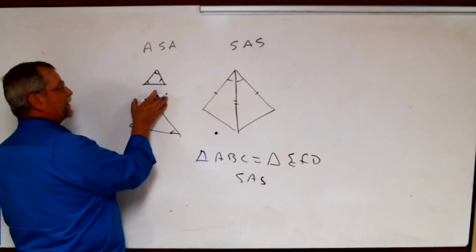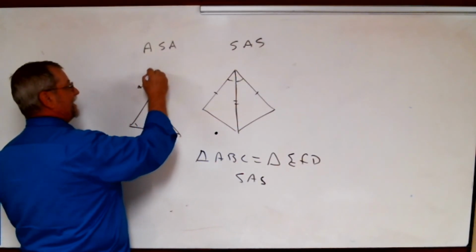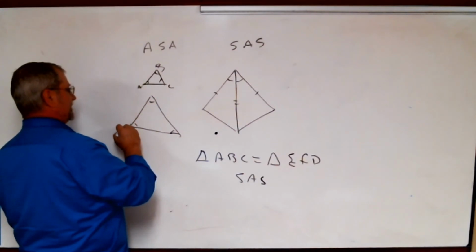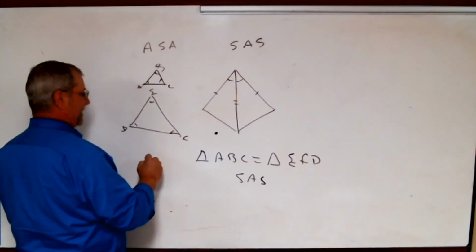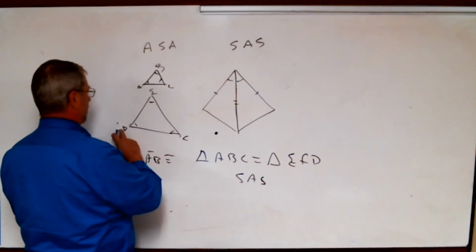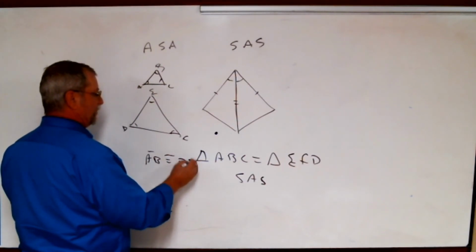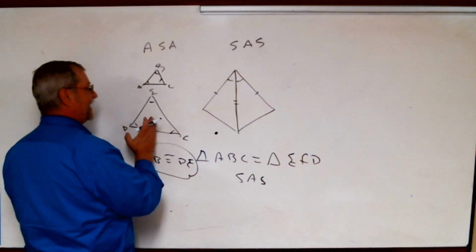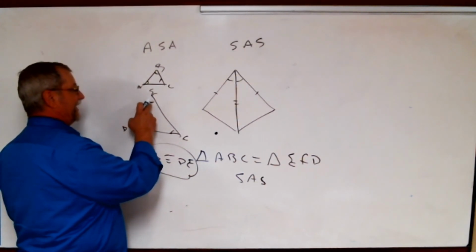So this is not triangle congruence unless I knew, like if this is A, B, C, and this is D, E, F, that A, B was congruent to, say, D, E. If I knew this, then I would know that I had congruent triangles and I would have angle, side, angle.